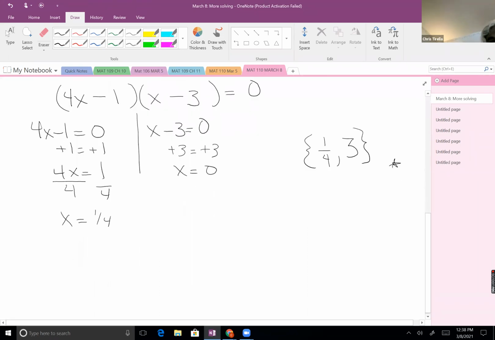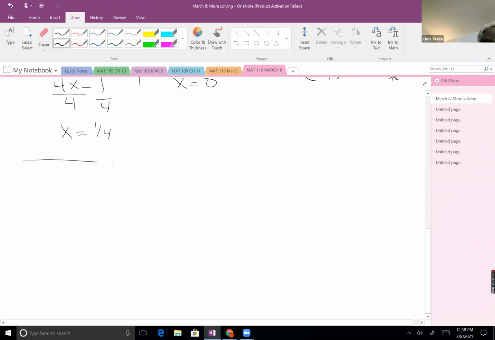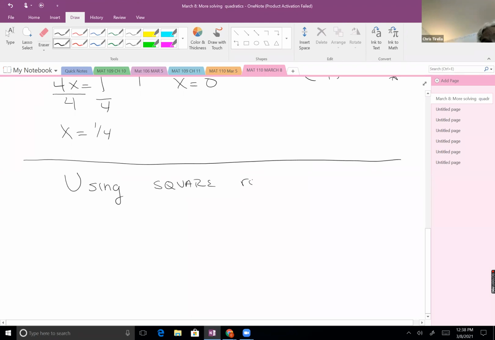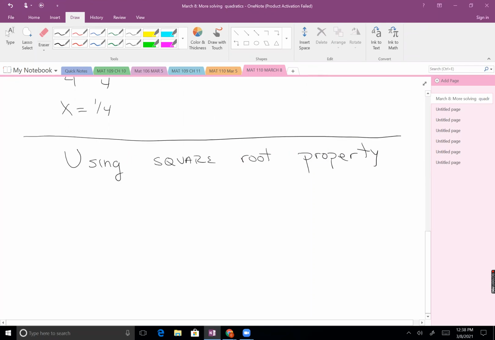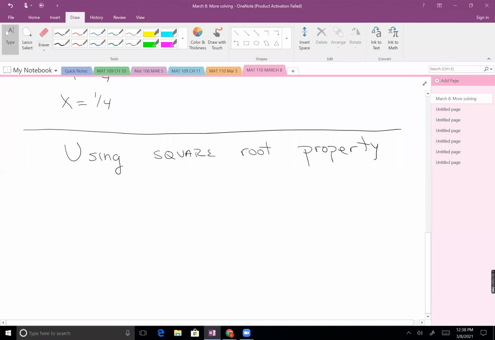Not hearing any concerns. Next way we solved was using the square root property. And that was where if we had a quantity squared equaling a constant, we said that quantity could be plus or minus the root of the constant.